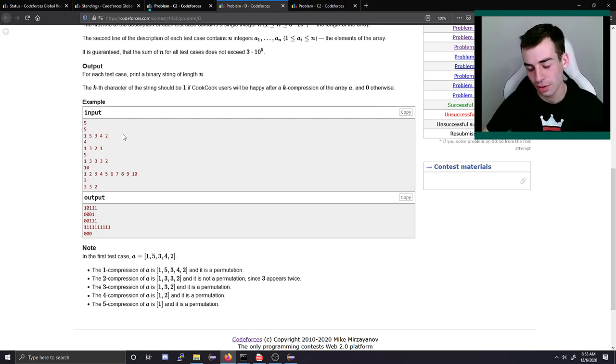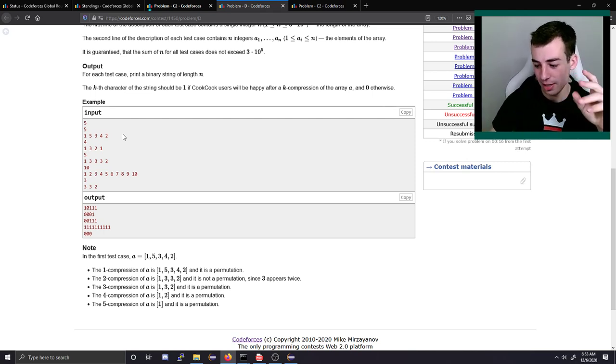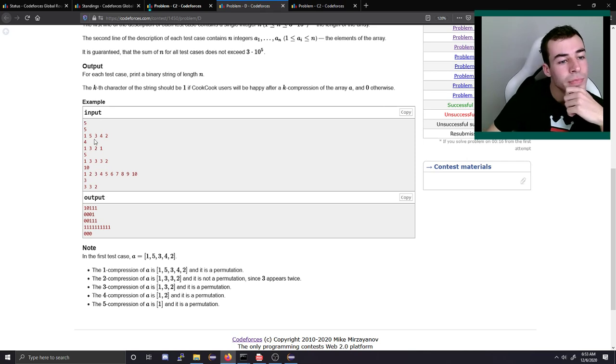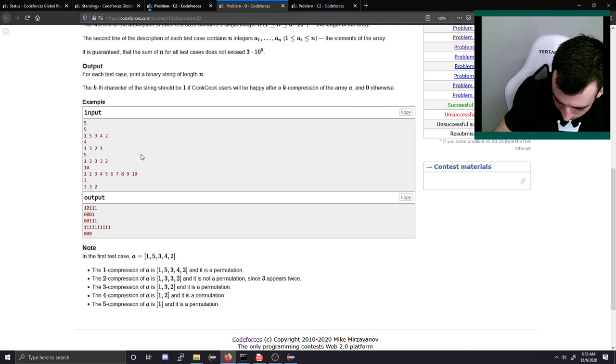Because usually for a big array and a medium k, the answer is always going to be no, right? If the 1 has a space to its left and right, then the answer is no, except for k equal to n.